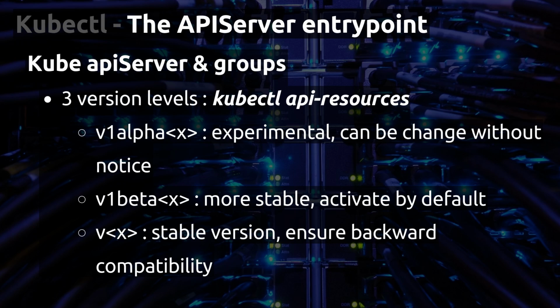And v1beta is a more stable version and can be activated by default in the latest versions of Kubernetes. And a stable version is, for example, v1 or v2, and a stable version means we can ensure backward compatibility. For example, when you do an upgrade or something like that, you can be sure that you can revert it.